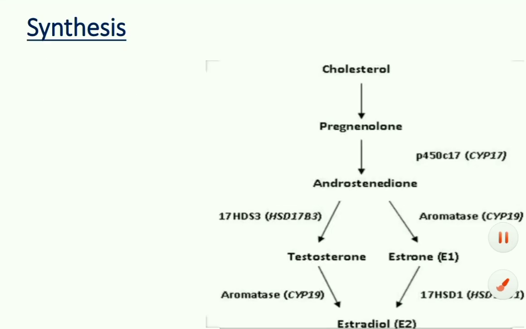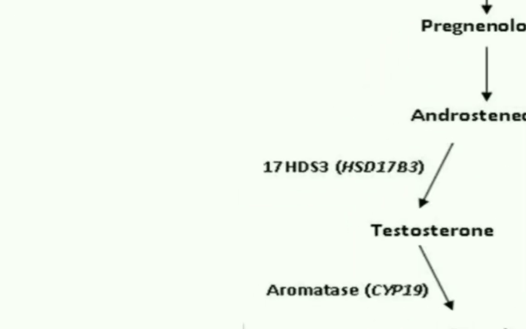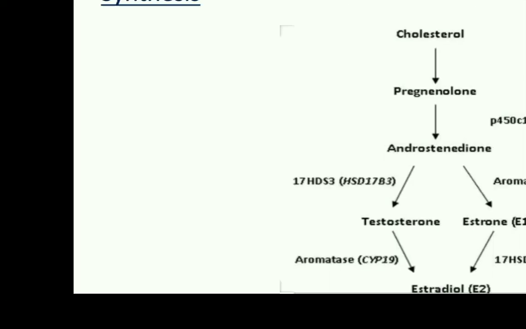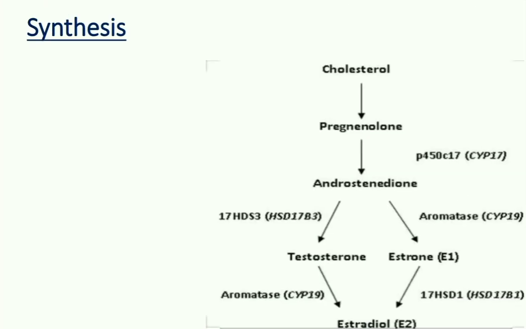So synthesis: first, cholesterol is converted to pregnenolone and then androstenedione. From androstenedione it is converted to testosterone, and by the action of aromatase enzyme it is converted to estradiol. It can take another path from here also, androstenedione to estrone and then estradiol.